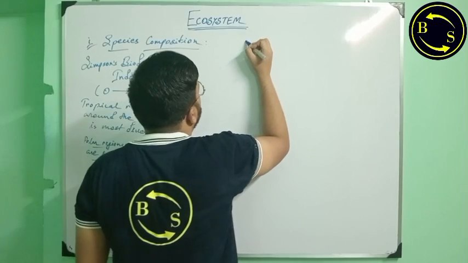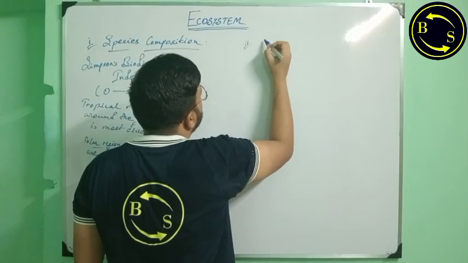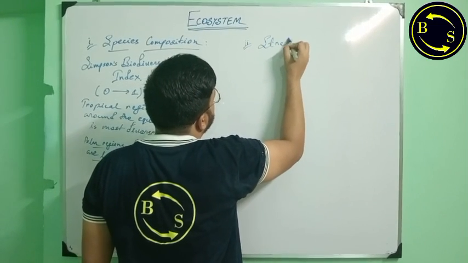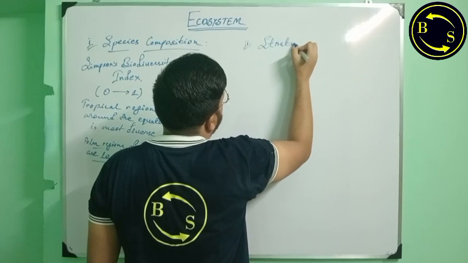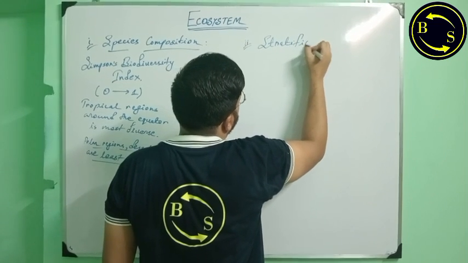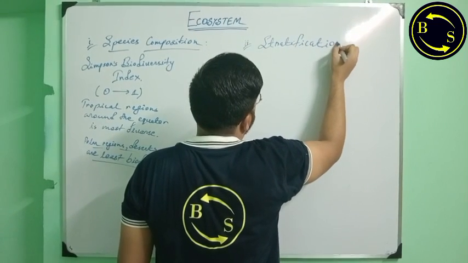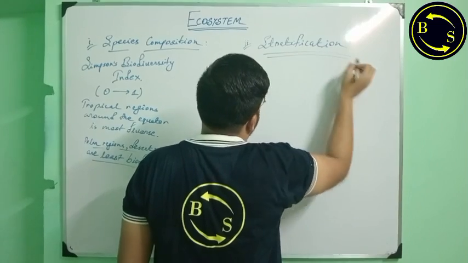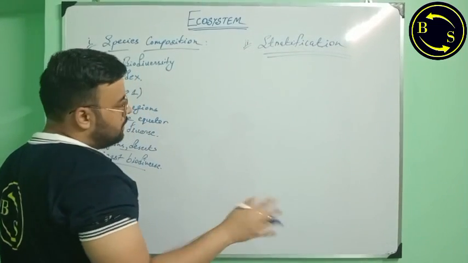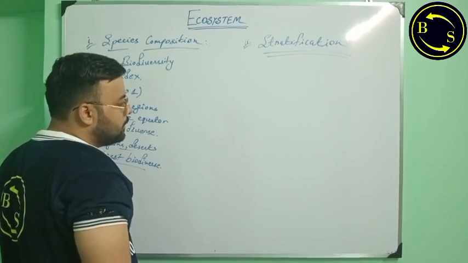Another component common in all ecosystems is stratification. What is stratification? Let us understand with an example.